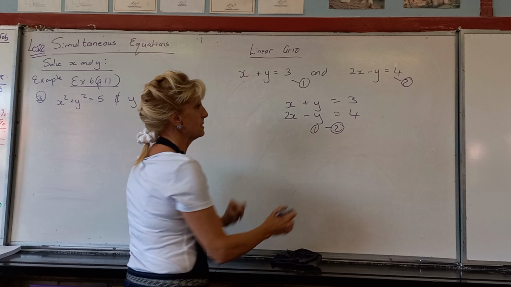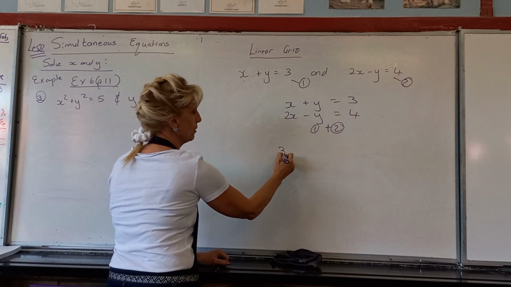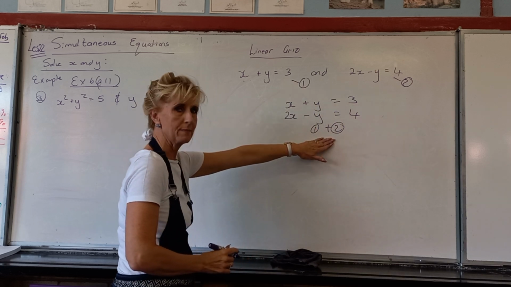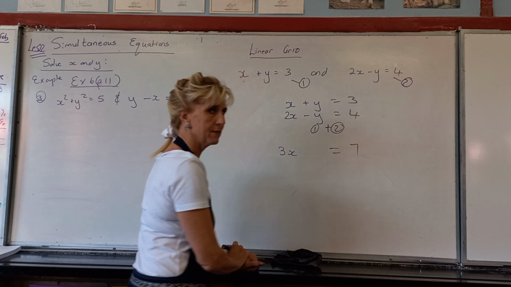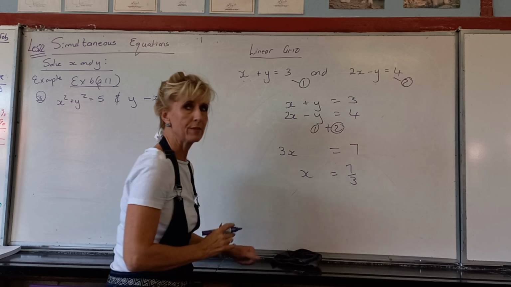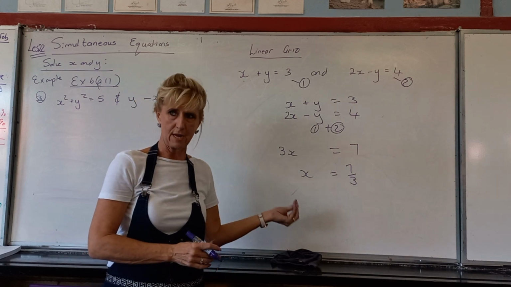But as is, if I just add them, I'm going to get 3x eliminated, because plus y minus y when I add them is nothing. Then comes the equal sign, and then I'm adding that and getting 7, and the solution would be 7 over 3. I'm not done with that sum, and I'm not going to finish it. I'm just reminding you of the process of elimination.